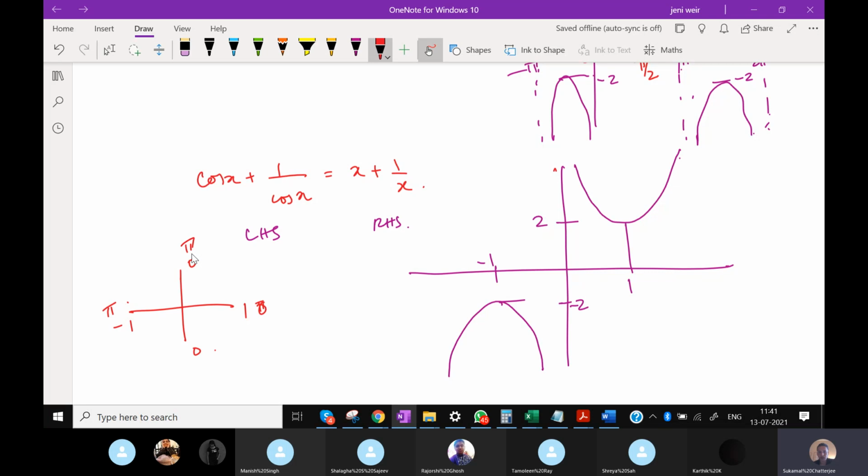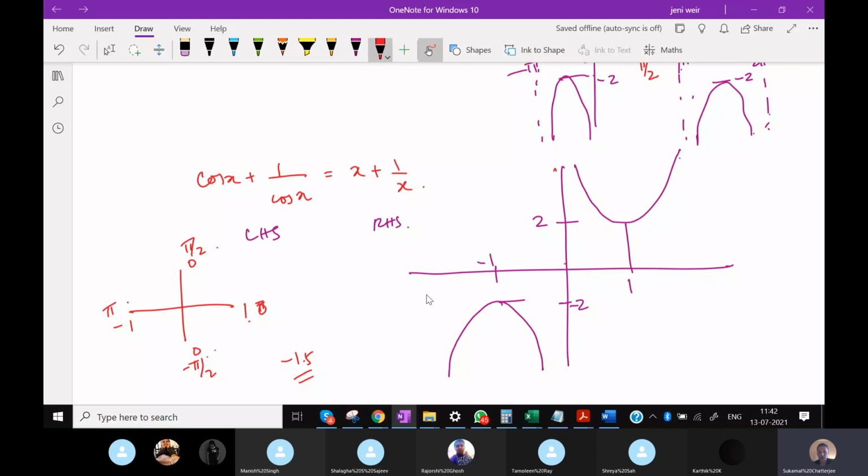Between 0 to pi by 2, cos x will lie between 0 and 1. So the value of cos x will be equal to 1 when x equal to 0. It is equal to 0 when x equal to minus pi by 2 and plus pi by 2. So minus pi by 2 means roughly minus 1.5. Pi is roughly 3.